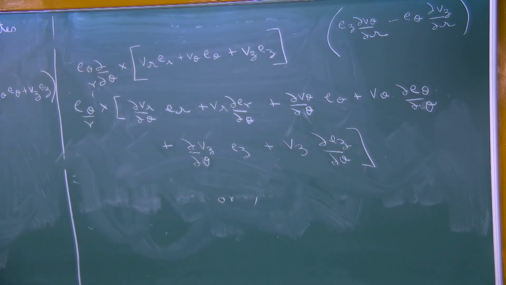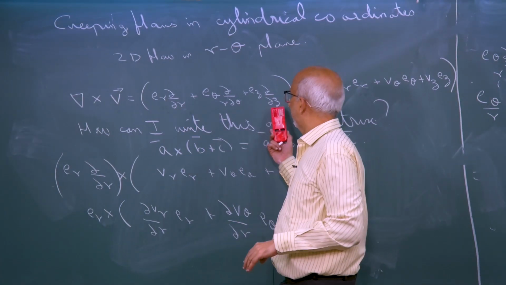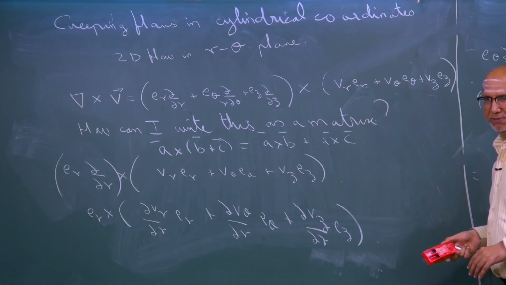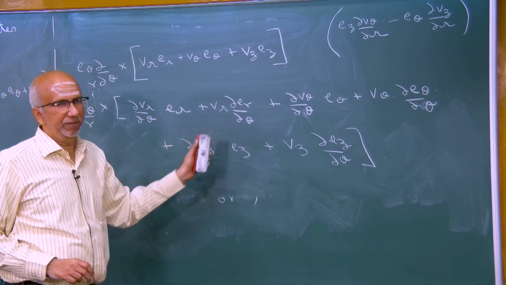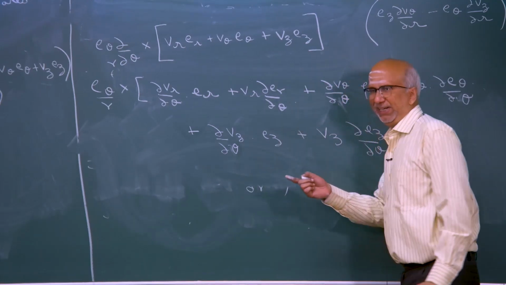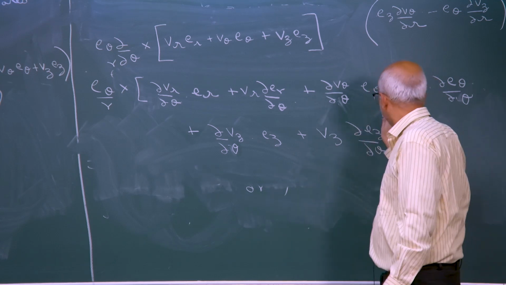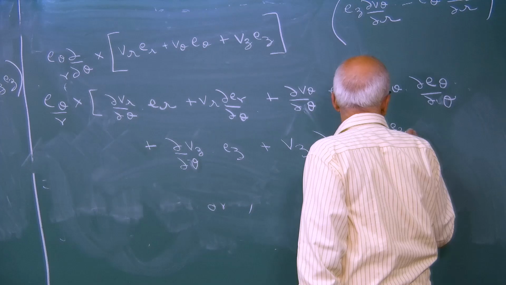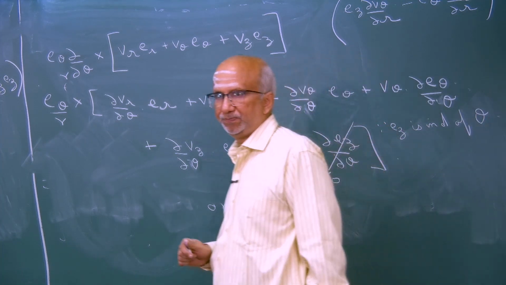All I am doing is using the definition of curl. This is a vector in 3 dimensions, this is a vector in 3 dimensions, and I am just using the definition. I get 6 terms because of the product rule. Now, when theta changes, the unit vector in the z direction does not change, it is always in the z direction. So this goes to 0, since Ez is independent of theta.